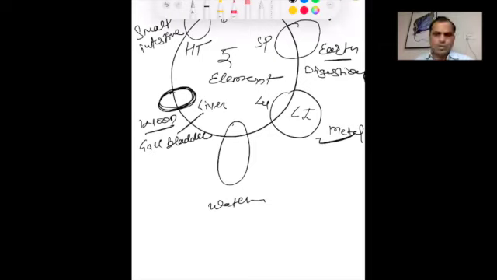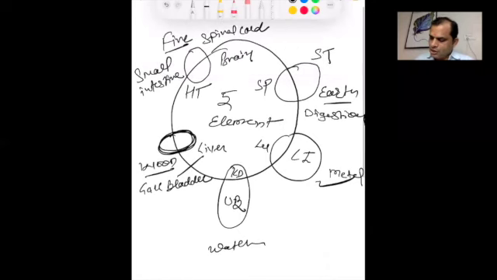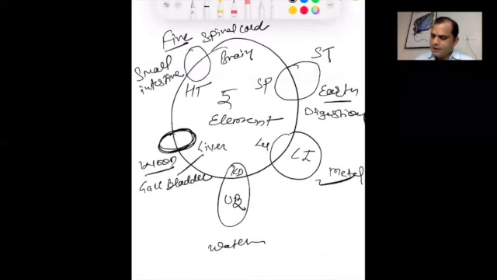And we know in the body, kidney and urinary bladder, these structures are connected with the water. So all these organs of the human body can be categorized in the five elements.